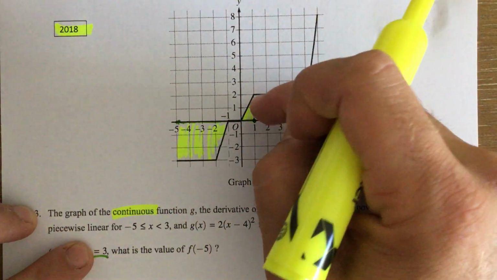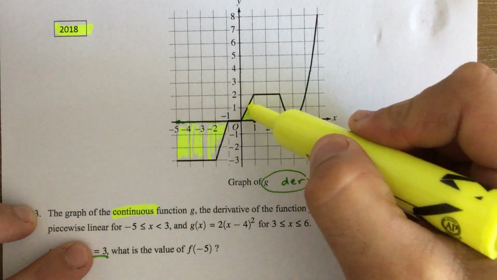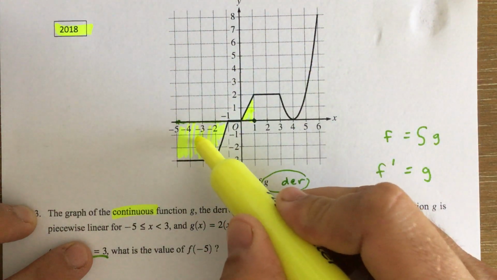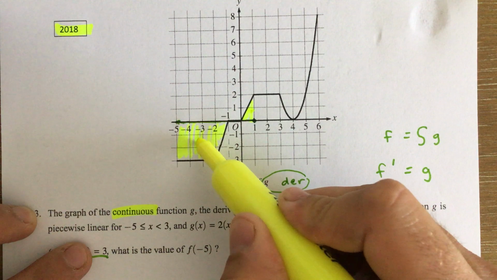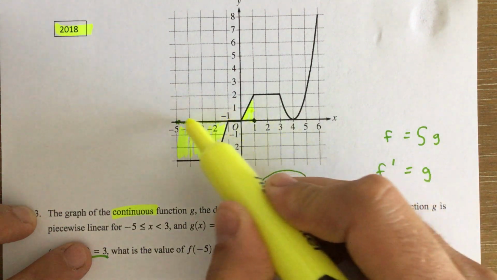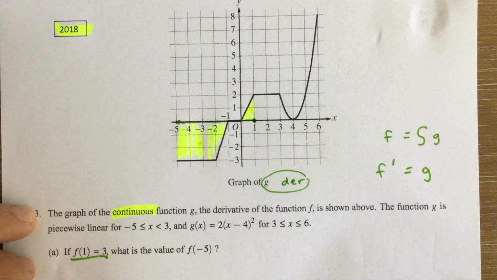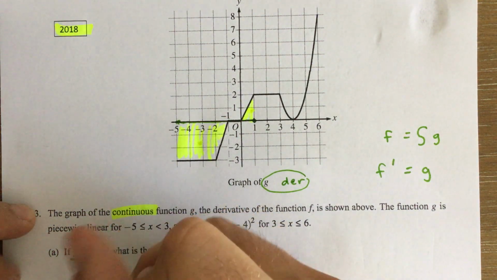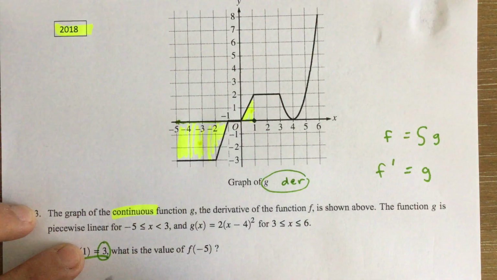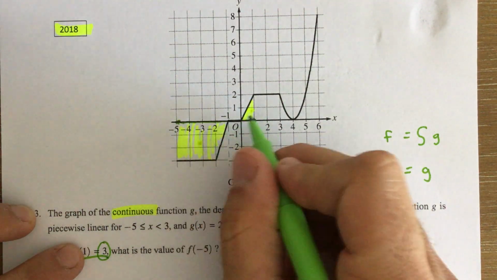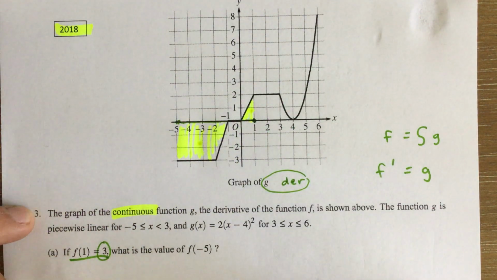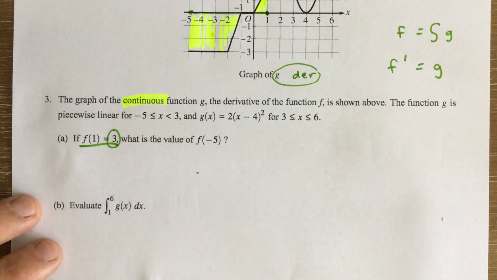Since we are going backwards though, this is going to be negative area or negative value, and that's going to be positive value or positive area because we are going backwards, which is the opposite of forwards. All right, so anyways, like I said, you're doing 2 things. You have 3, and then you have to go ahead and add on whatever this value is right here. Okay? All right, next one.